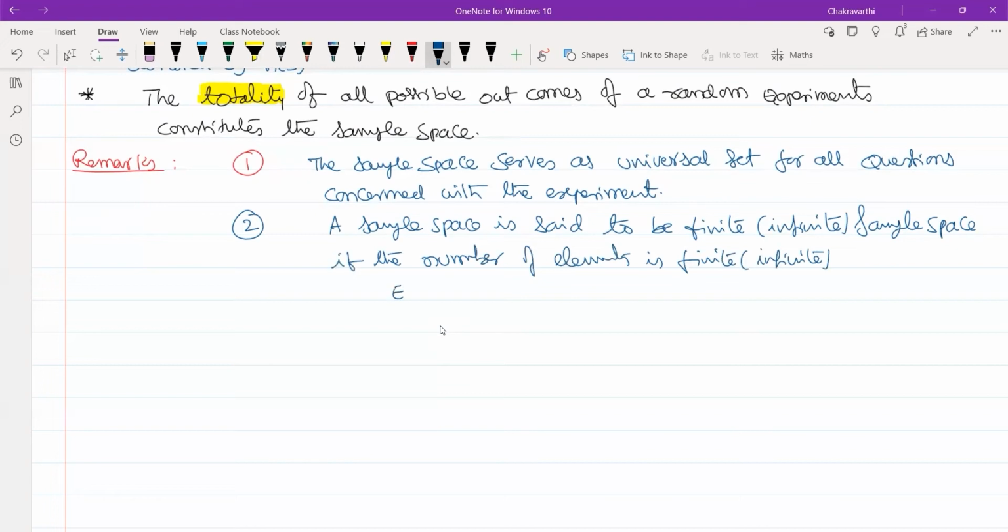Example, a suitable example: a coin is tossed at a time. That is a random experiment. The sample space, the total possible outcomes of this experiment, is only head and tail. This is a finite case, a finite sample space.